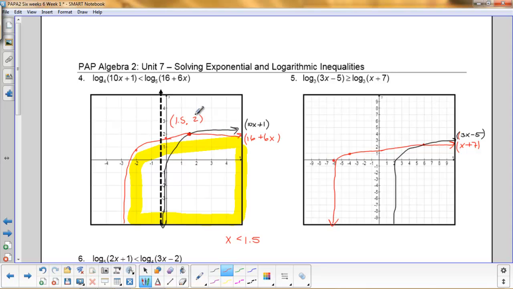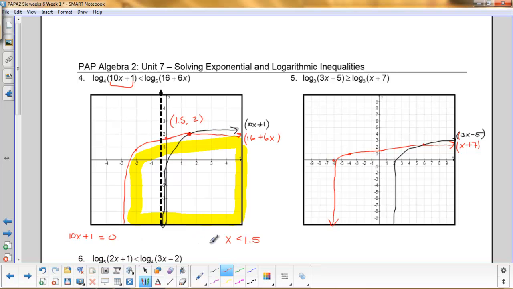Now we've got to figure out the place where this graph stops moving to the left. It stops moving to the left at this place right here. When the argument equals 0, that is when we have our restriction. So much like when you have a restriction in the denominator of a rational function, we simply say, okay, 10x plus 1 equals 0.